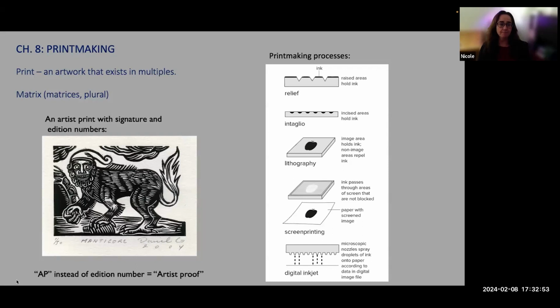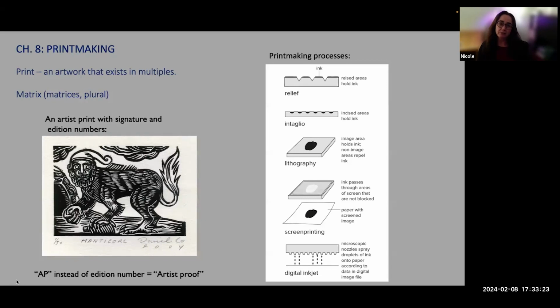Now, that printed image that is transferred is called an impression. So we can think about pressure and pressing the image into the surface of the paper. Two terms: a matrix is where the design is located, and an impression is the printed variation of that design. So an artist makes a matrix in order to create prints from it.